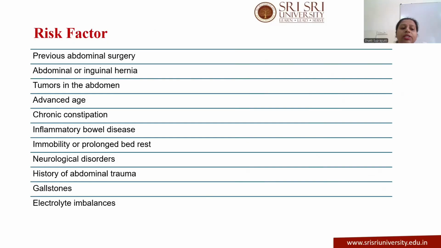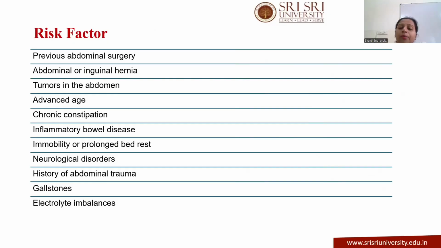Then neurological disorder or any history of abdominal trauma, then gallstones and electrolyte imbalance. Abdominal or inguinal hernias trap some segment of the bowel and cause obstruction. Previous abdominal surgery forms adhesions and also constricts the intestinal tract.